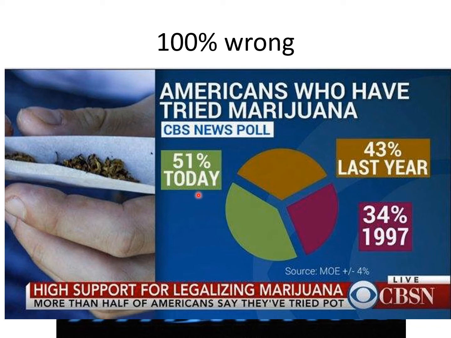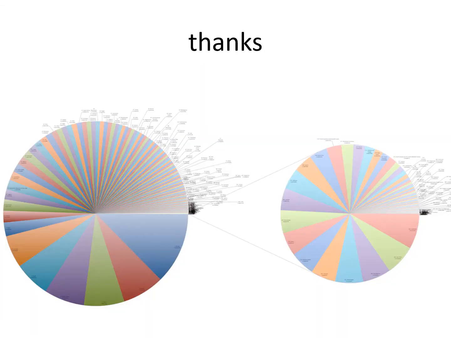And it looks like the person who made the pie chart might have been using marijuana. And then there's this. This is not very useful. Okay, so if you choose the wrong chart, you have said nothing with your data.